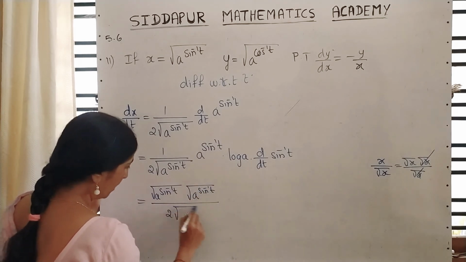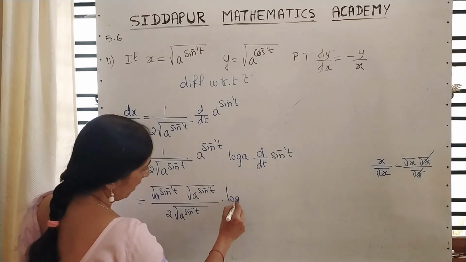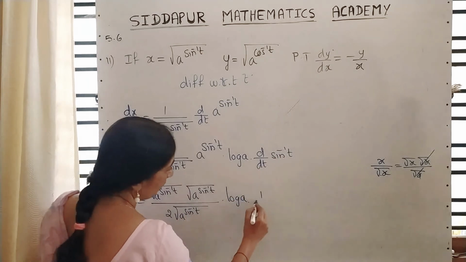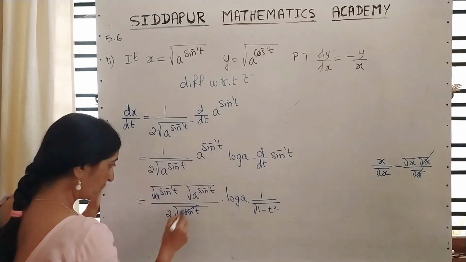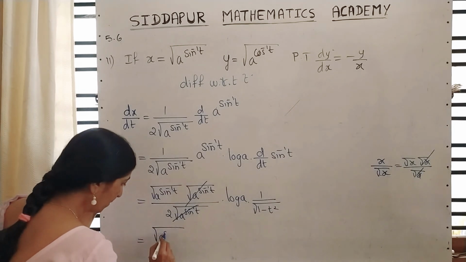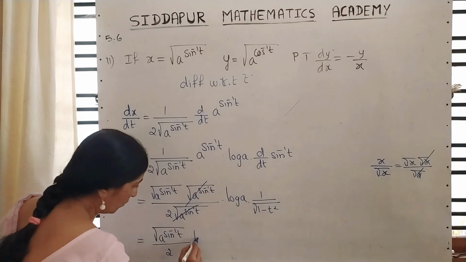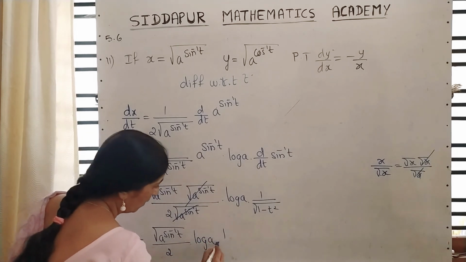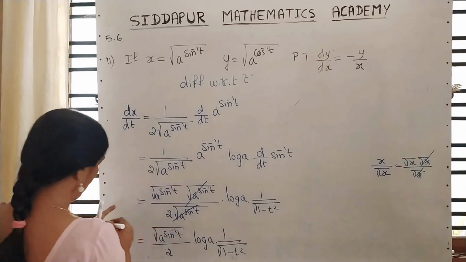This denominator I kept as it is, log a as it is. Differentiation of sin inverse t is 1 upon root of 1 minus t square. One term is cancelled with this, leaving upon 2 into log a into 1 upon root of 1 minus t square.